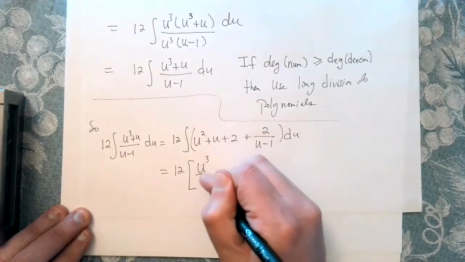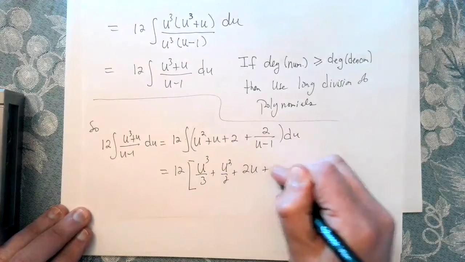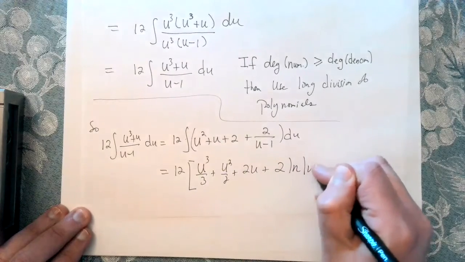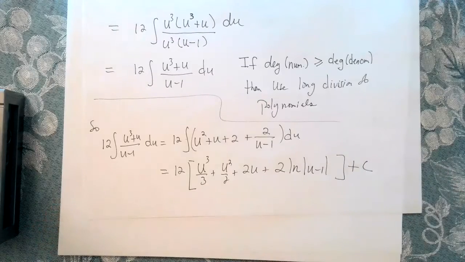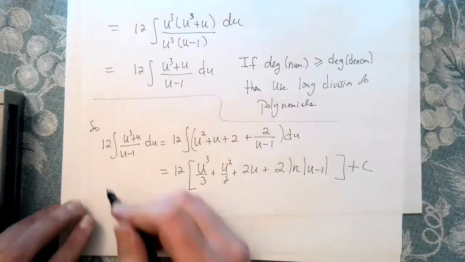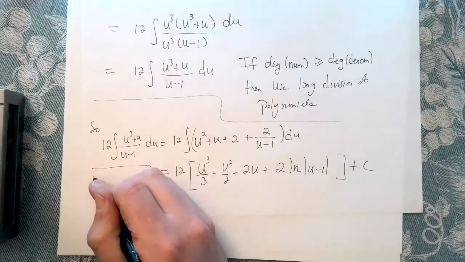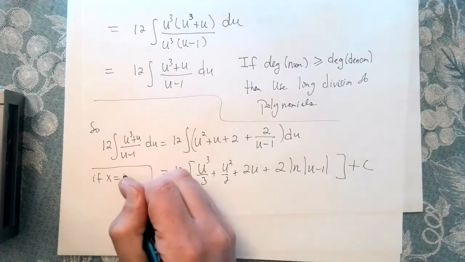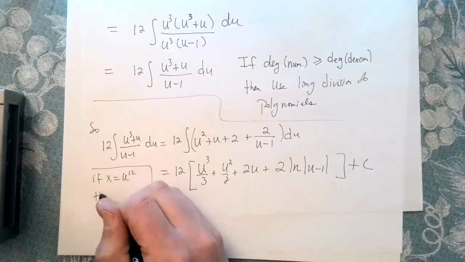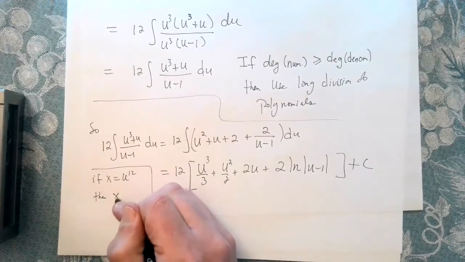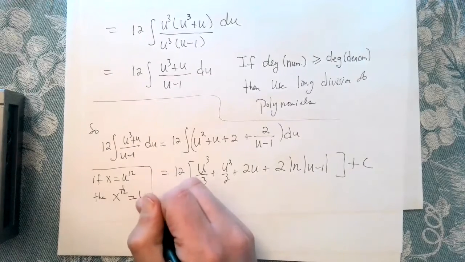So u cubed over 3 plus u squared over 2 plus 2u plus 2 times the natural log of u minus 1 plus c, and then we have to back sub. So we just need to remember if x is equal to u to the 12th from before, that was our substitution, then x to the 1/12, just by taking the 12th root of both sides, is u.